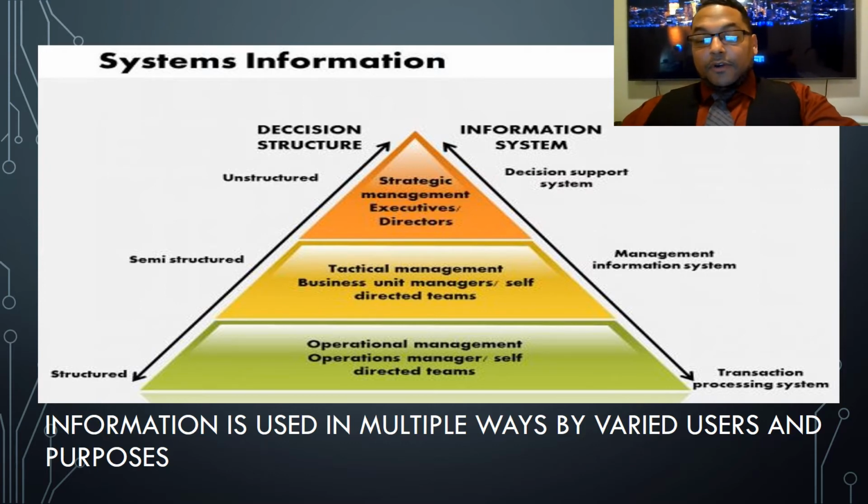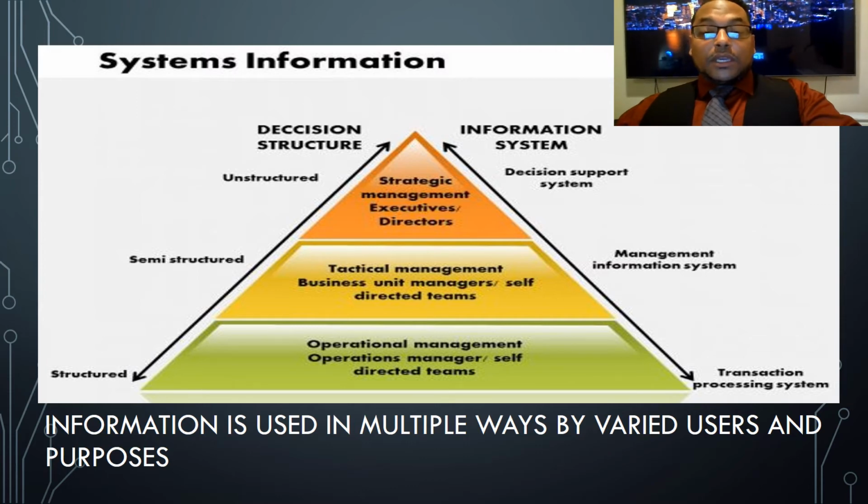Now, on the far right, when it comes to operational management, on the descended portion, you see transaction processing system. Once again, we spoke about regular ground level employees who are forced to adhere to the organizational structures that are decided by upper management.